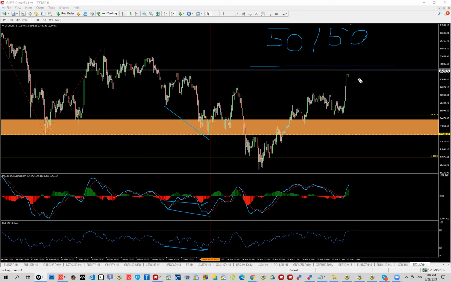Now, I'm not saying this is the correct way, the only way, etc. But if my analysis is suggesting 50-50 for a given move, this is definitely not tradable for me. Okay, so that's pretty much the idea that I would be suggesting for this one.